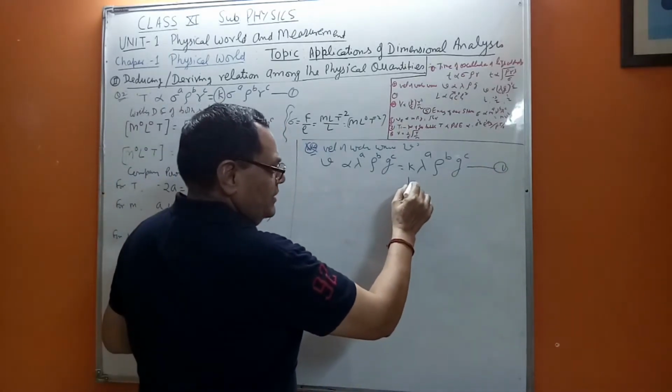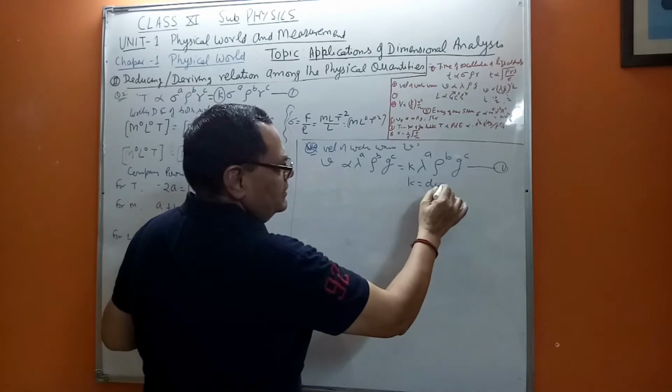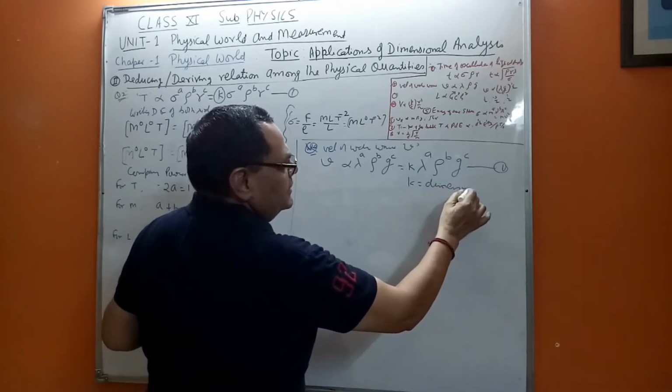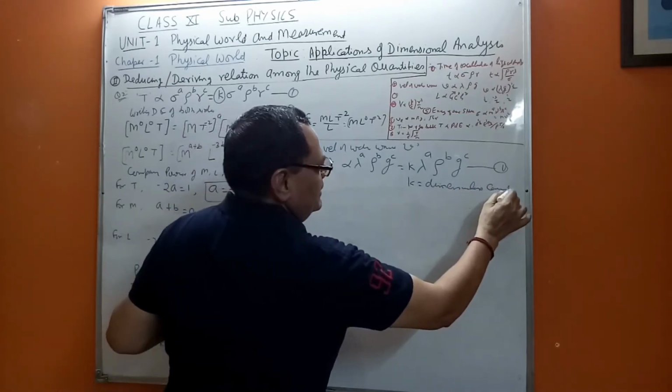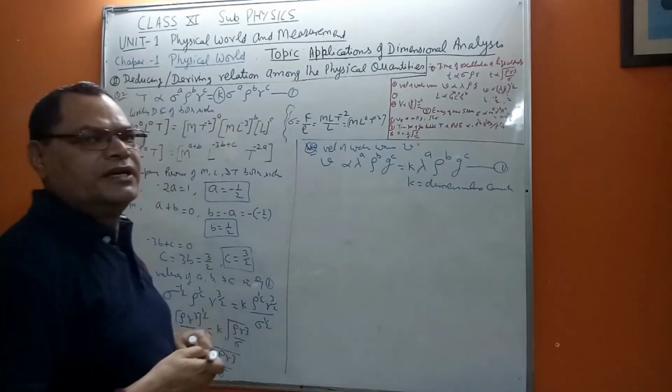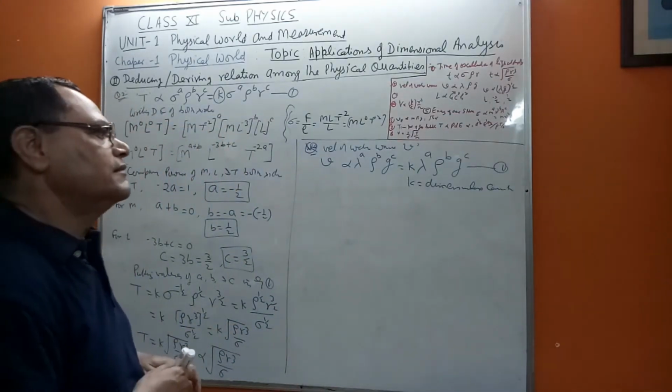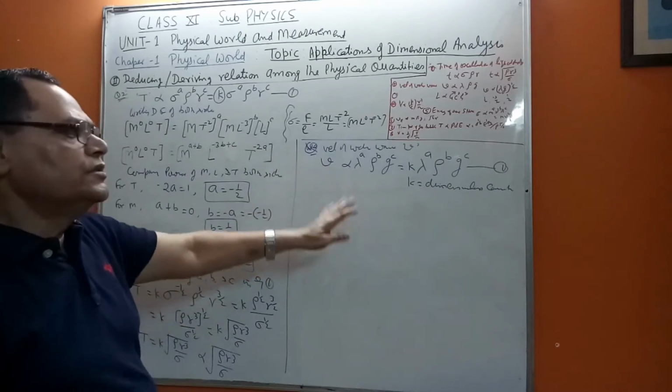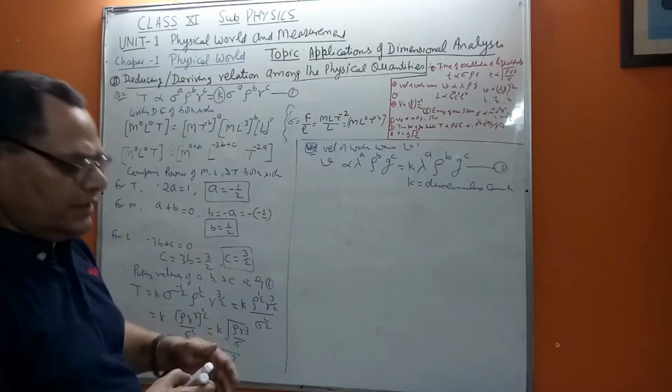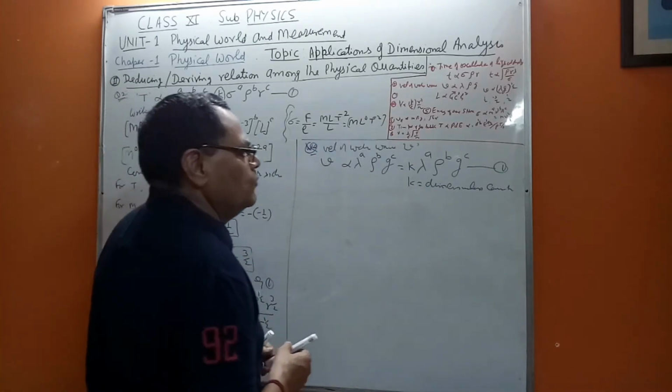As you know very well, K is simply the constant of proportionality, which is a dimensionless constant and may have different numerical values in different relations, but if we don't know it, we leave it like this. Clear?